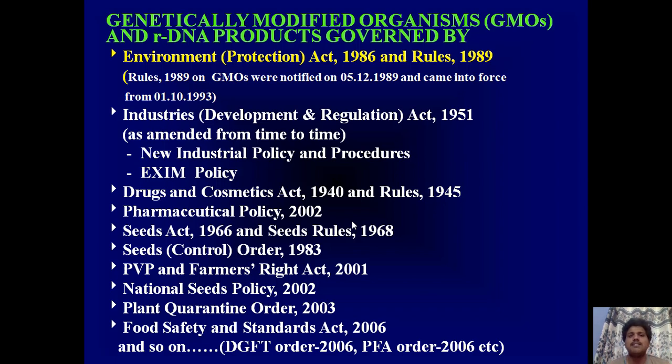They are like the Environmental Protection Act 1986 and Rules 1989, Industries Development and Regulation Act 1951, New Industrial Procedures, EXIM policy, then Drugs and Cosmetics Act 1940, Rules 1945, Pharmaceutical Policy 2002, Seed Act 1966, Seed Rules 68, Seed Control Order 1983, PVP, Plant Varietal Protection and Farmers' Right Act 2001, National Seed Policy 2002, Plant Quarantine Order 2003, Food Safety and Standards Act 2006, and so on.